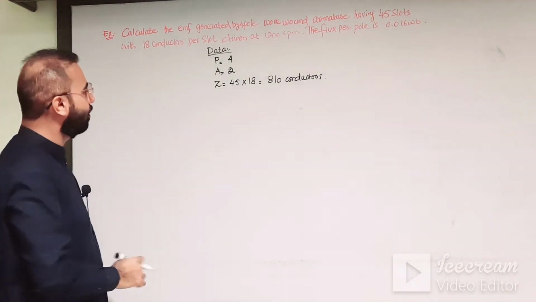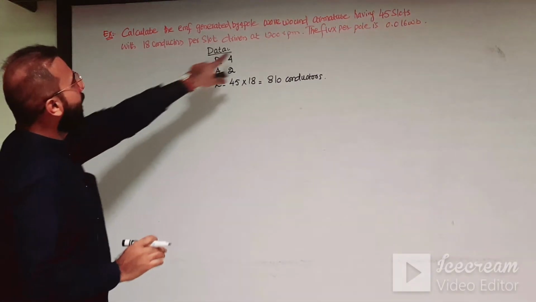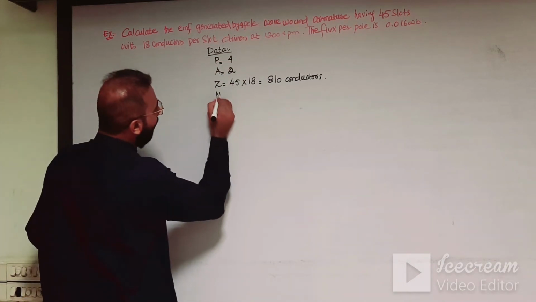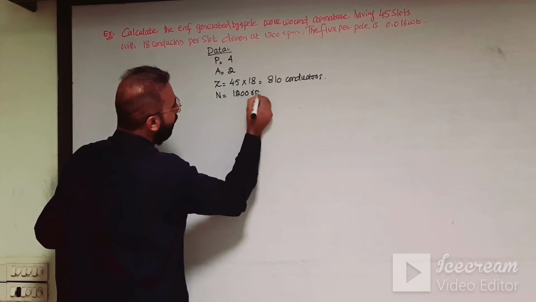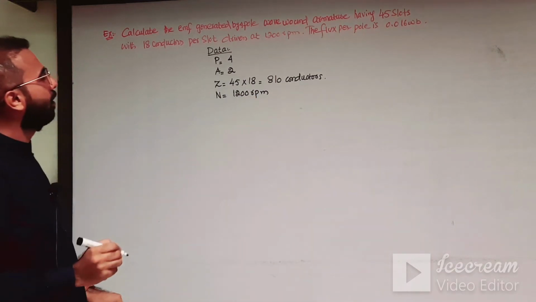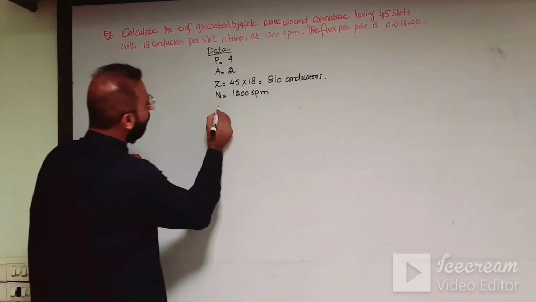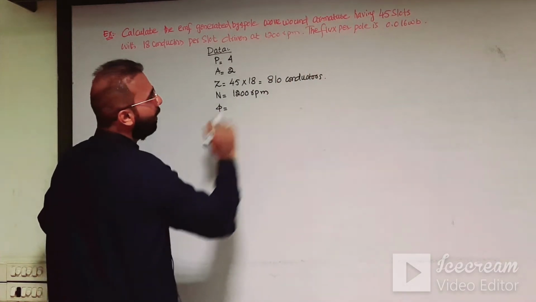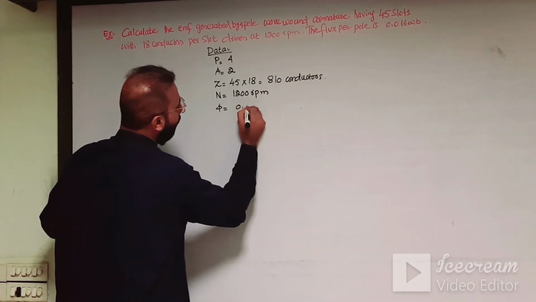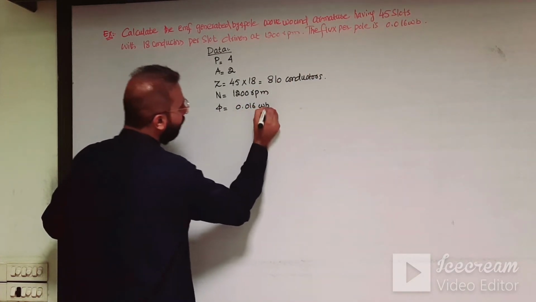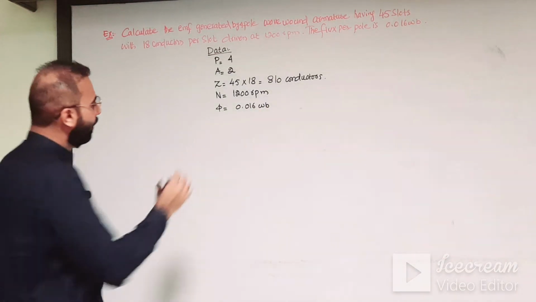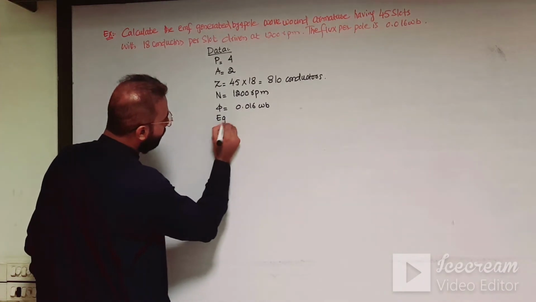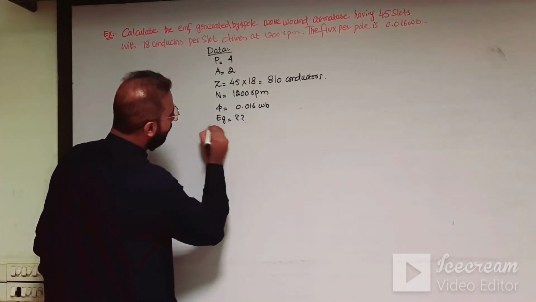Then what is the value of N, which is the RPM? That will be 1200 RPM. And what is the value of the flux? This will be 0.016 Weber. So what we have to find out is Eg, the generated EMF.